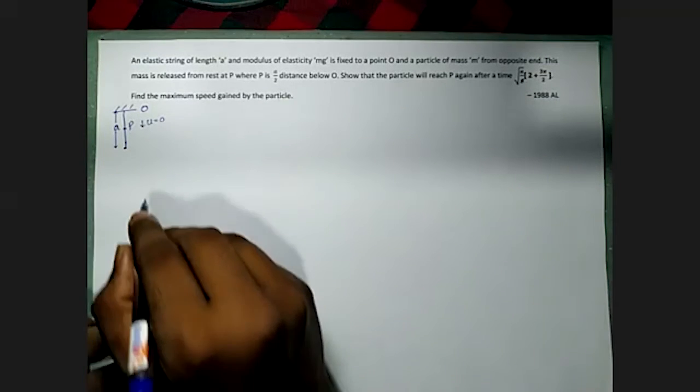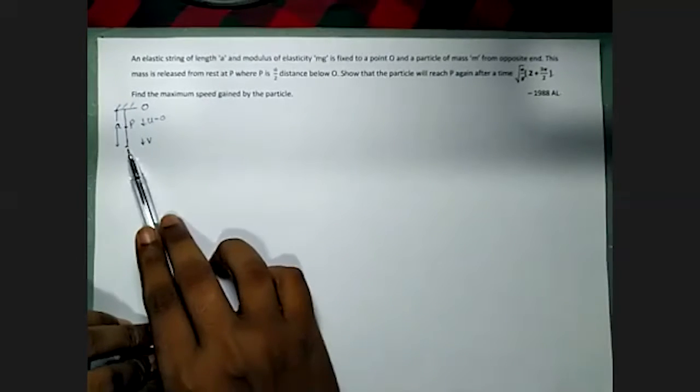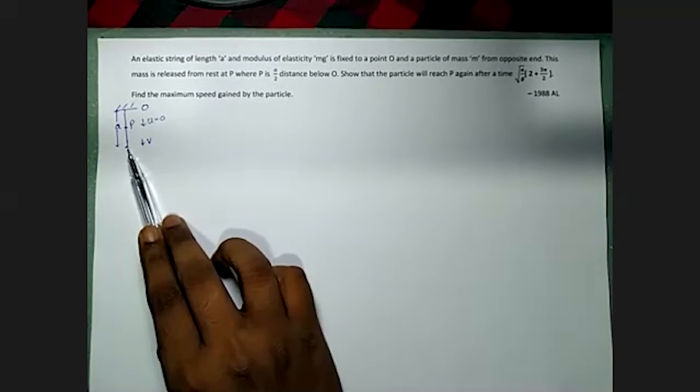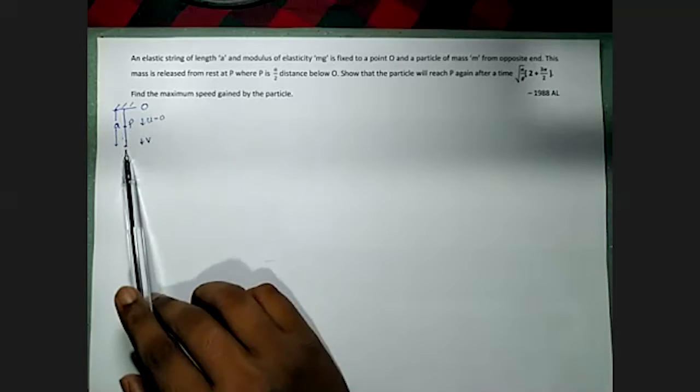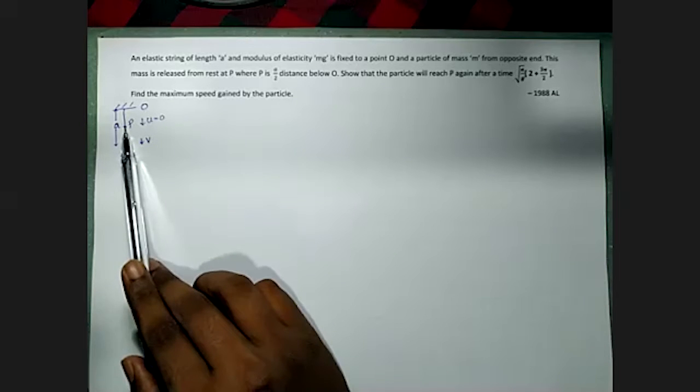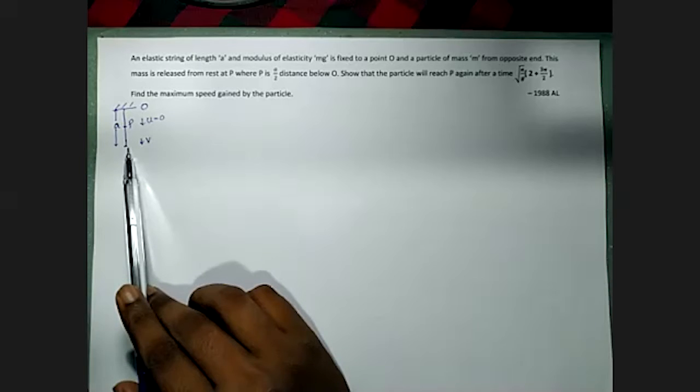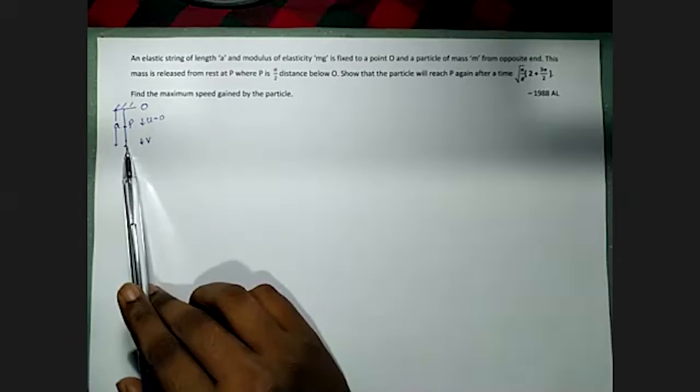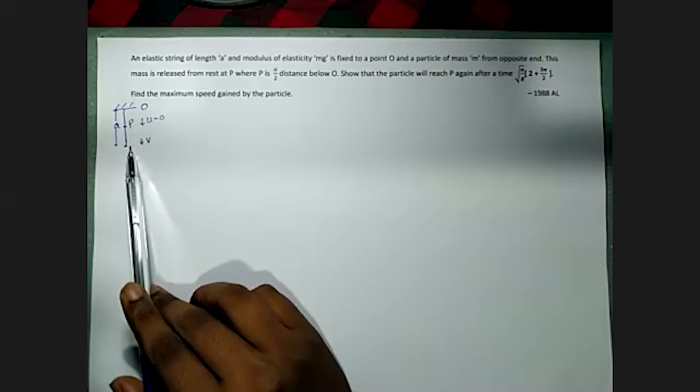Now we can find the velocity of the particle when it reaches the natural point of the string, because until this point, the mass will move down under gravity. Still, there is no simple harmonic motion. The particle is moving down under gravity. Therefore, we can apply our equations of motion.